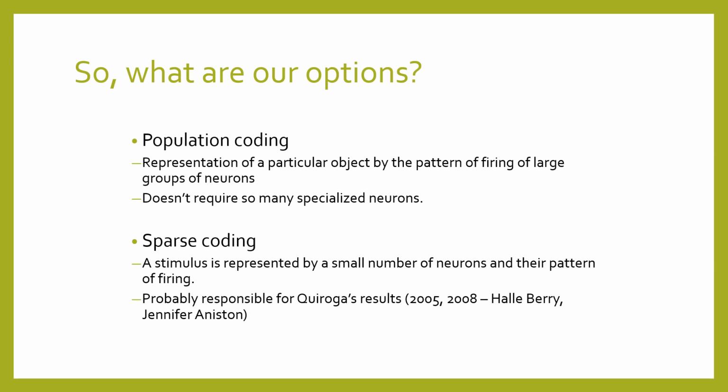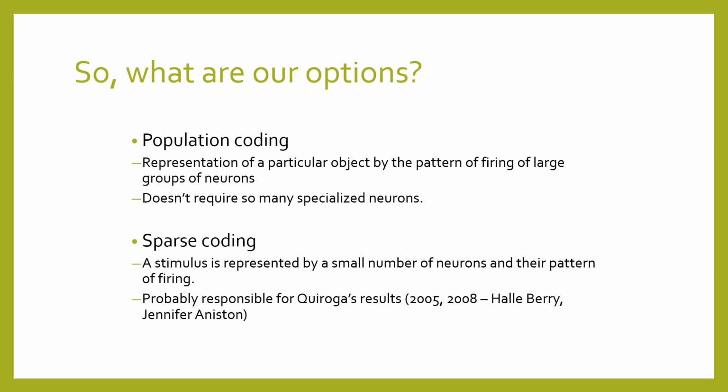What's interesting is the Jennifer Aniston neuron that they recorded from also responded to Lisa Kudrow. And if you know your Friends, they're both female actresses that were in the show Friends. And so do we have a Friends neuron? Well, they say most likely it's not population coding, but it's probably sparse coding.